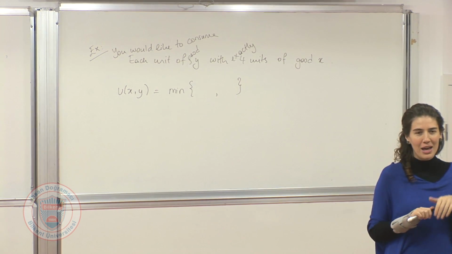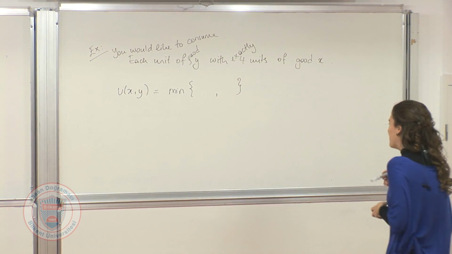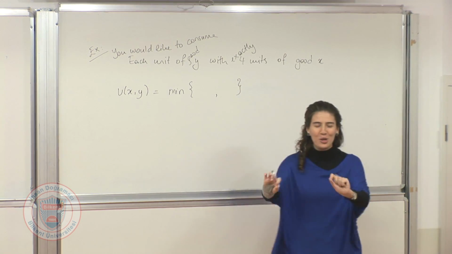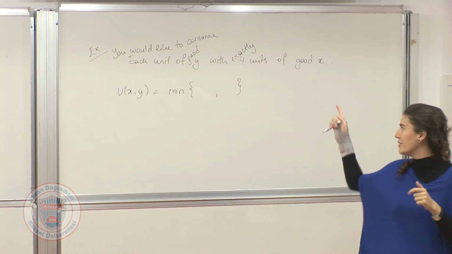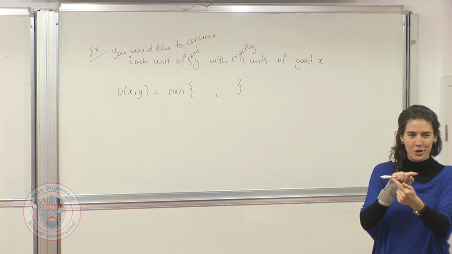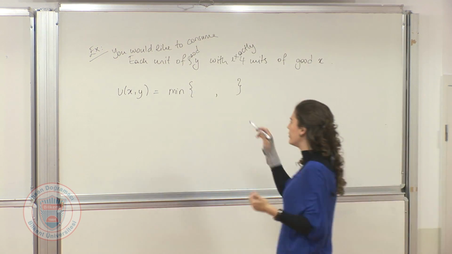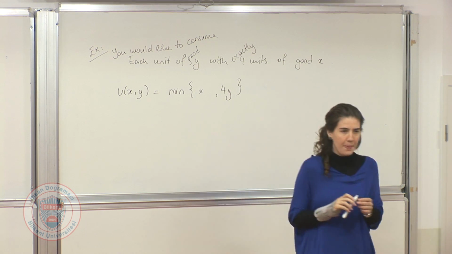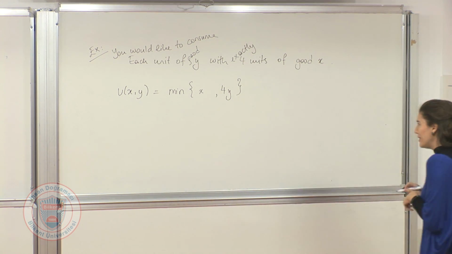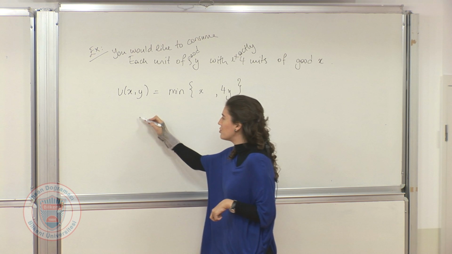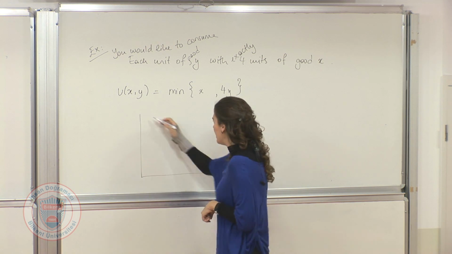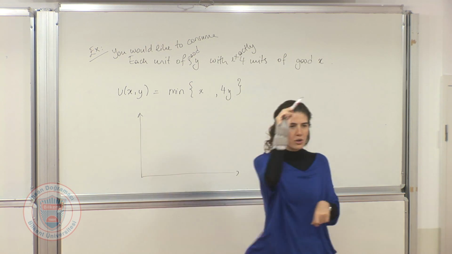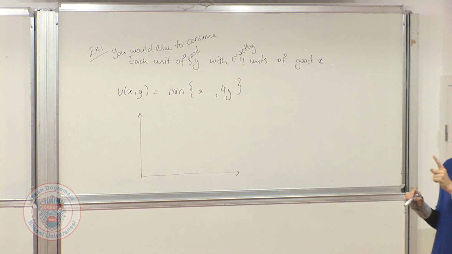Just from now on, hopefully you won't forget, it's usually the reverse of whatever it says here. So it's actually what your friend was saying, x, 4y. Because you'll see that if I want to draw the Leontief, these indifference curves have this L shape.